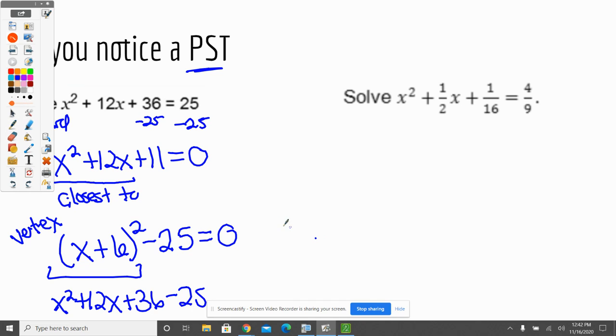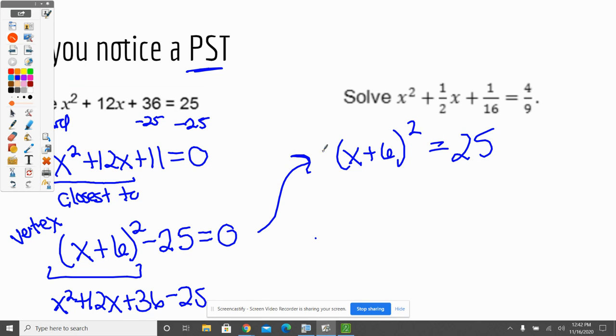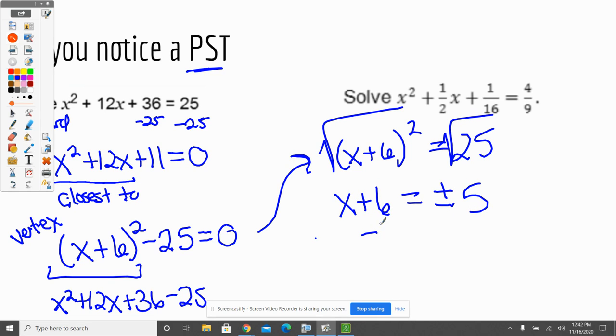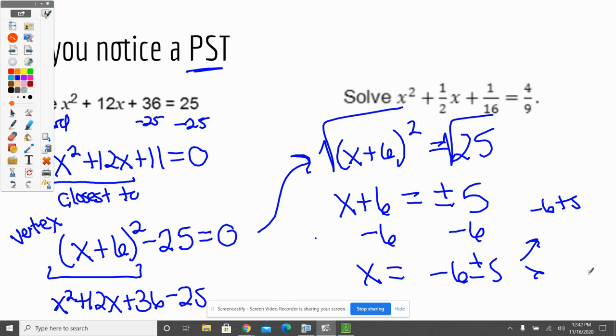I'm going to add 25 to both sides, and I get x plus 6 squared is 25. And now it's just like that problem we did before. Square root both sides. Don't forget your plus or minus. X plus 6 is plus or minus 5. Subtract 6. X equals negative 6 plus or minus 5, which is negative 6 plus 5 and negative 6 minus 5, which are those two answers we said.